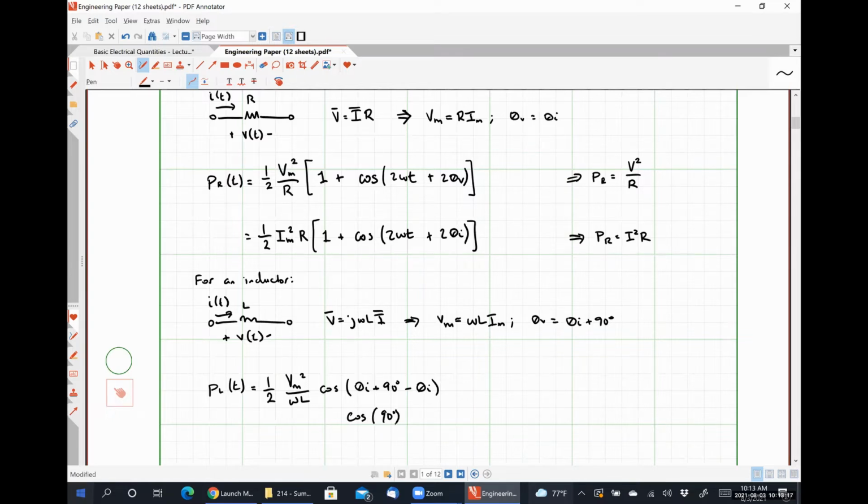What's the cosine of positive 90 degrees? 0. Absolutely right. So that whole first DC term is going to go away. We're not going to have it at all.